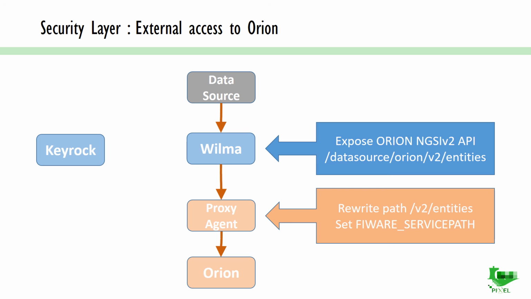To use it, we have to define the FIWARE Service Path HTTP header with the appropriate value when sending data to Orion. But to be sure the user provides the good value, we use a specific path and we let the proxy set the header. That way, the user has no control on it and his access is limited to the scope we decide. On the other side, Information Hub can then access all the data.